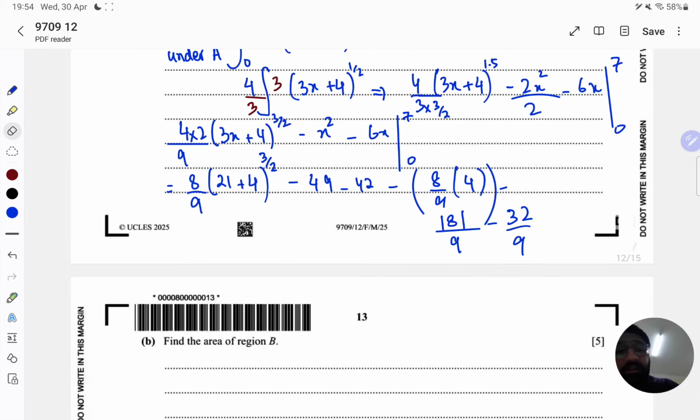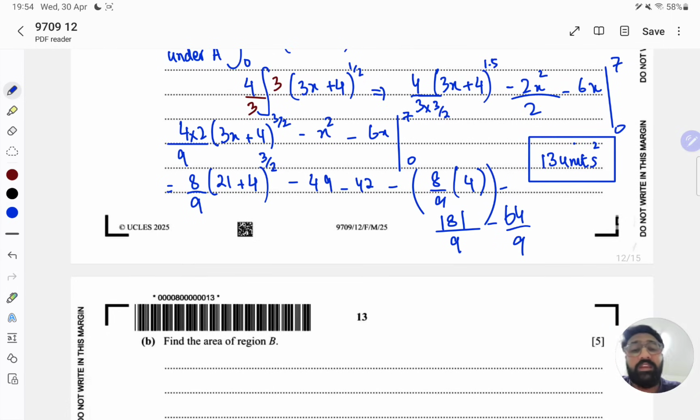So this is basically not 32, it's 64 by 9. So 181 by 9 minus 64 by 9 is 13. So 13 units square. This is the area of the region A.